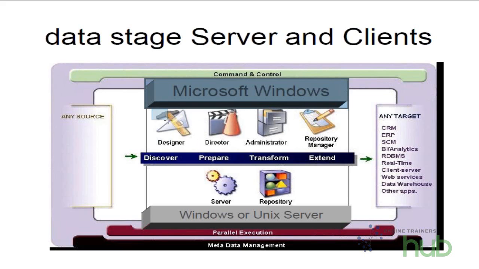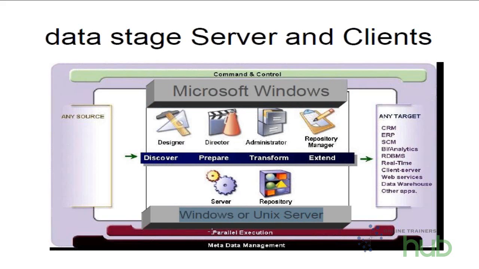Whatever we build, we are going to send those requests to a server. The server is going to service them, and that server can be installed under either a Windows server or a Unix server.